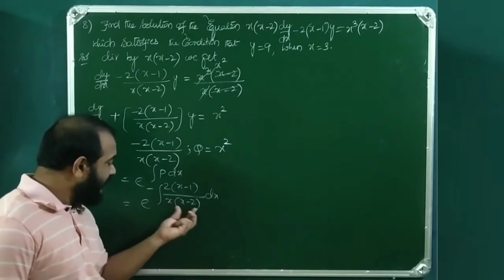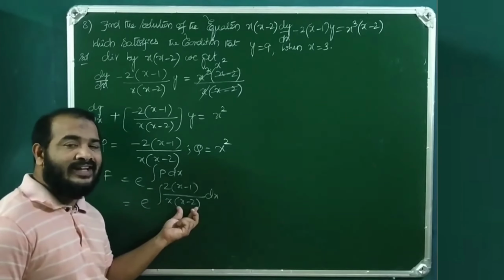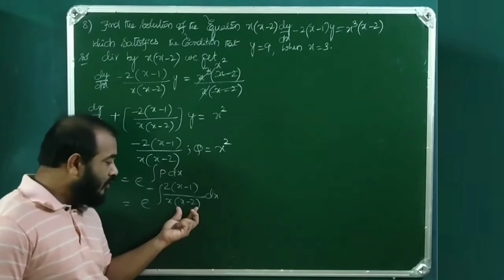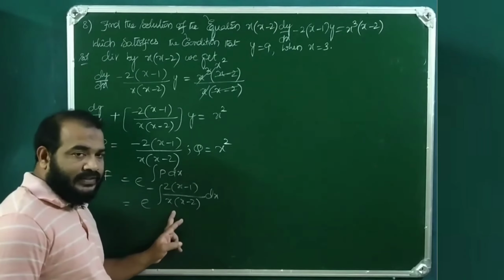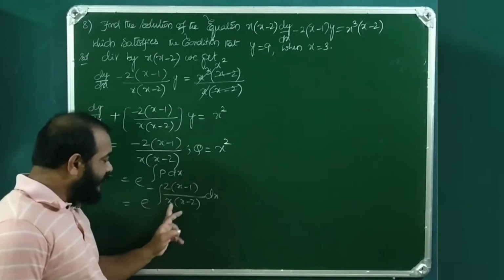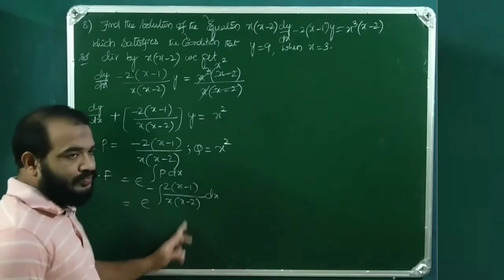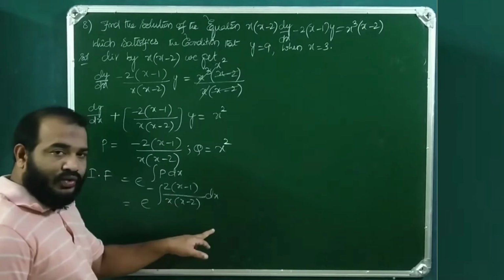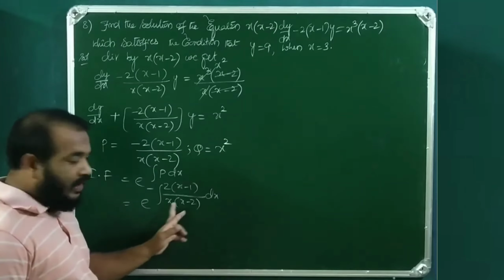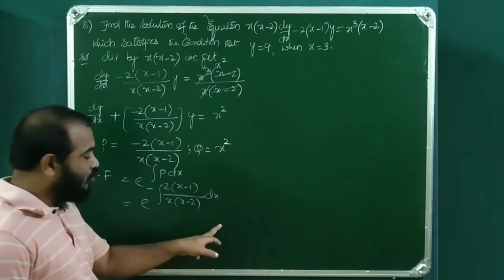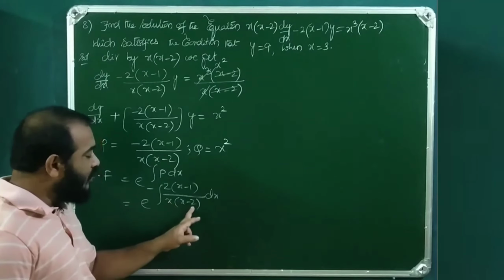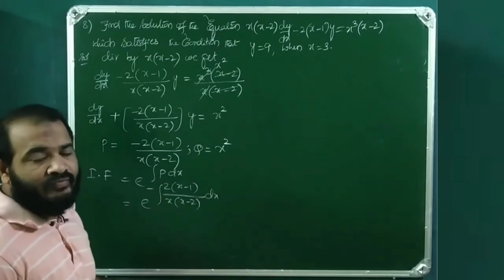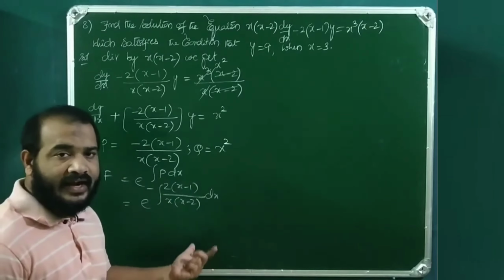Here x and x minus 2 are two non-repeated linear factors, therefore it can be expressed as a by x plus b by x minus 2. Since x and x minus 2 are the factors, equating them to 0, x equals to 0 and x equals to 2, if you substitute in the equation, we will obtain the values of a and b.